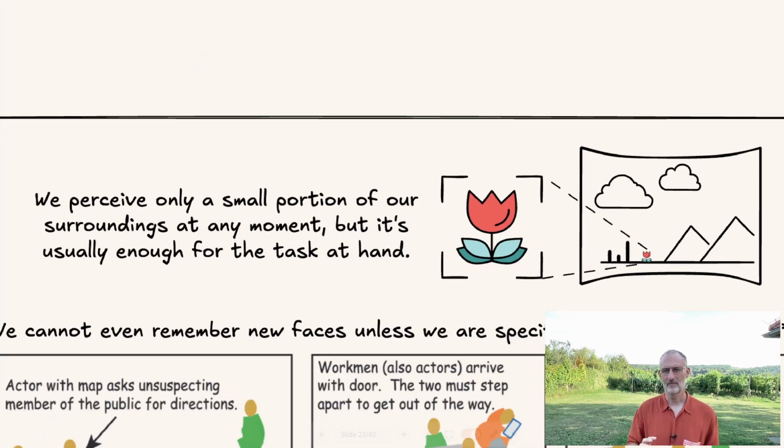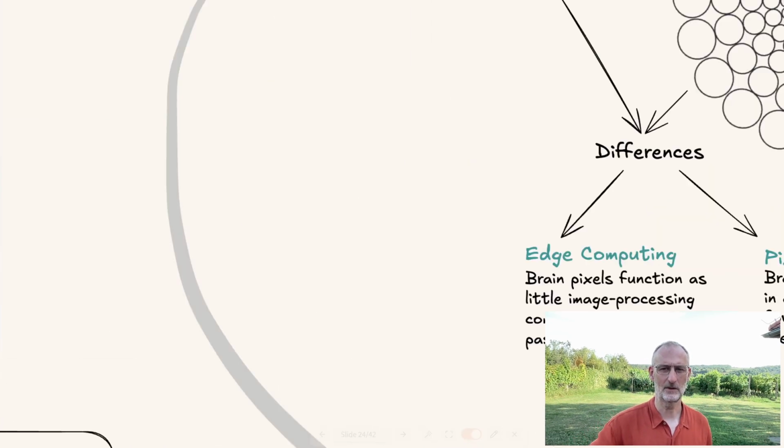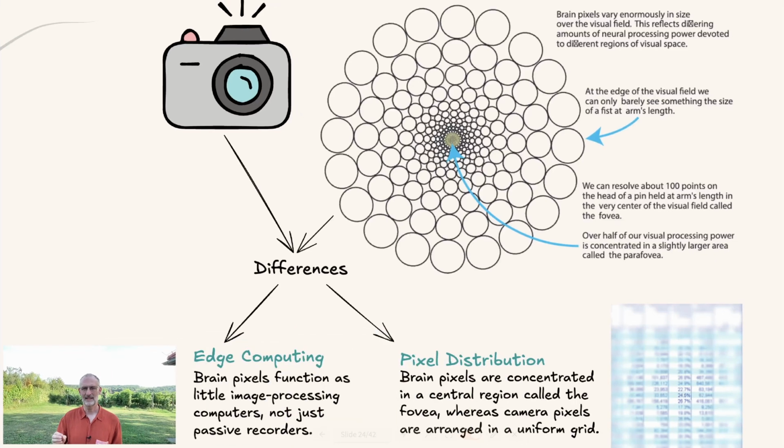Now, moving on, a very important idea, and I think a central idea in the book, is that at any moment in time, we perceive only a very small portion of our surroundings. It's only an illusion that we see the entire world. And this has to do with how our eyes work.